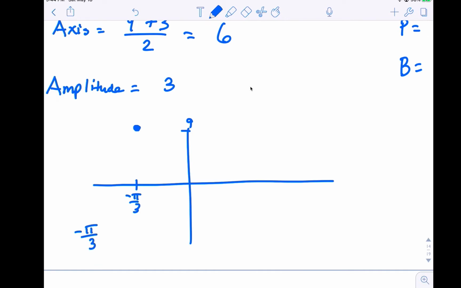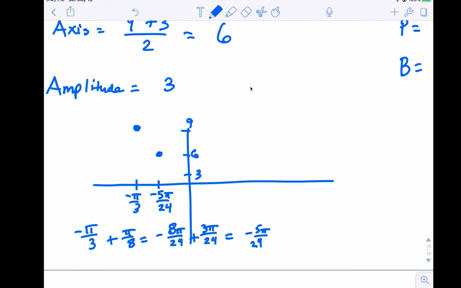So negative pi over 3 plus pi over 8. I'm just trying to figure out my interval here so I can graph the cosine curve.